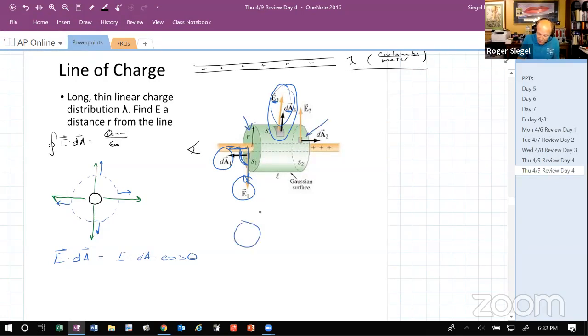If I draw a net diagram of my cylinder, with radius R, through each of these sides the electric flux is 0, because the area vector and the E field vector are perpendicular.